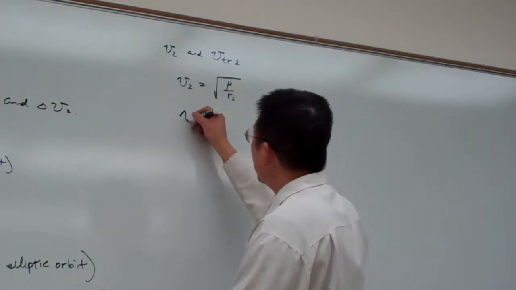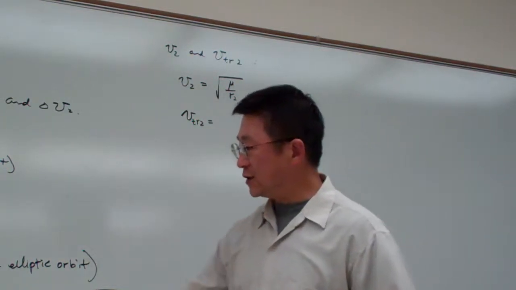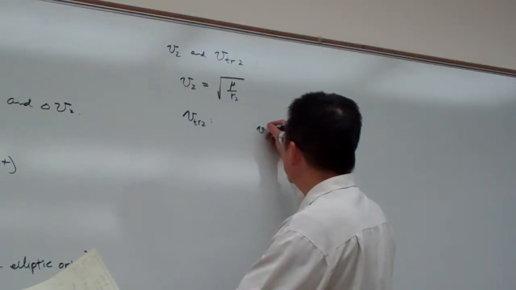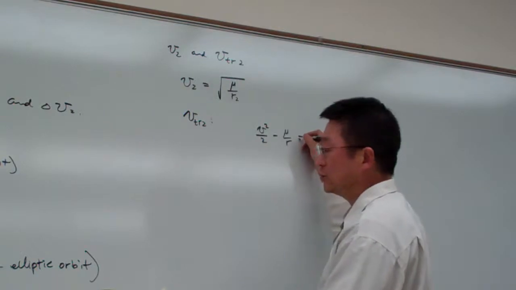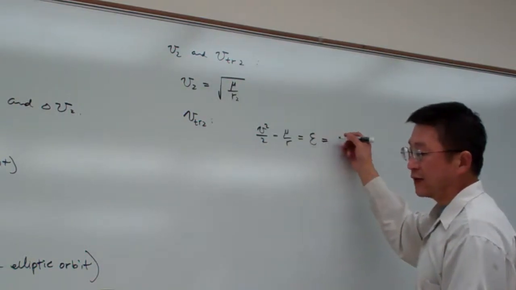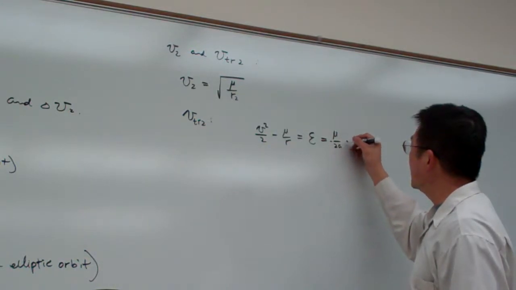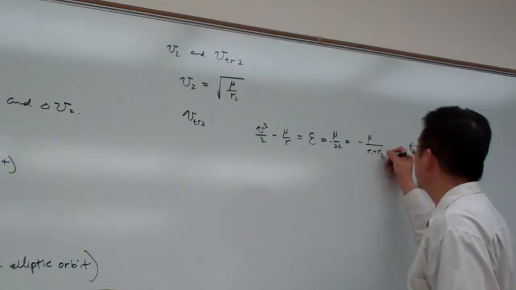And for VTR2, we can repeat the same calculations. That is V squared over 2 minus mu over R, equal to the energy, minus mu divided by R1 plus R2.